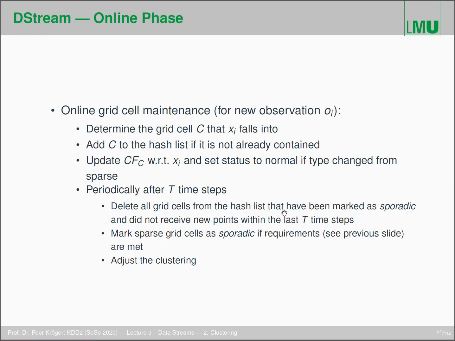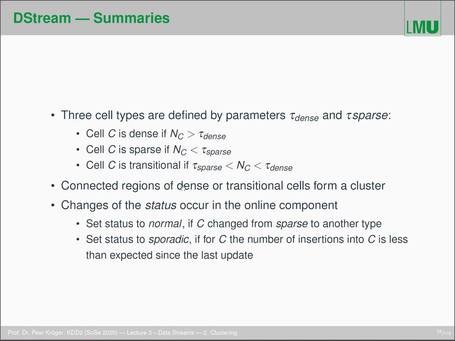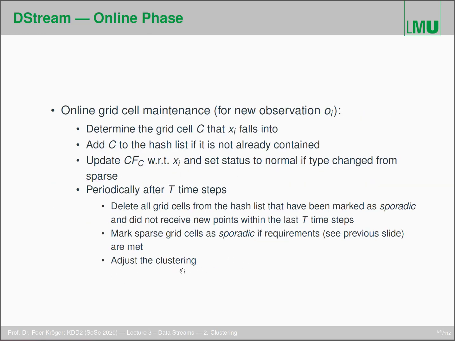And we mark sparse grid cells as sporadic if the sporadic requirements from the previous slides are met, and then we adjust the clustering.